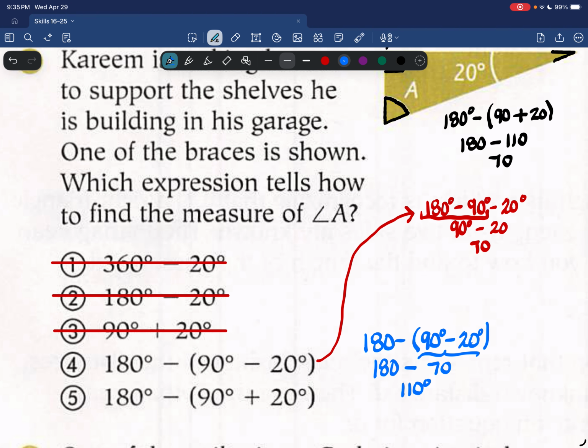The problem here, if you're going to use parentheses, you must add the two angles that you already know. The answer is number 5. Be very, very careful with that one. Number 4 is not the answer. If you're going to subtract all the way down, you cannot use parentheses because that interrupts the order that you do the math. That's a tricky one.